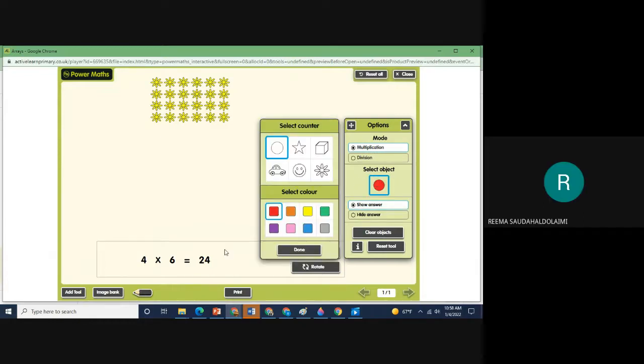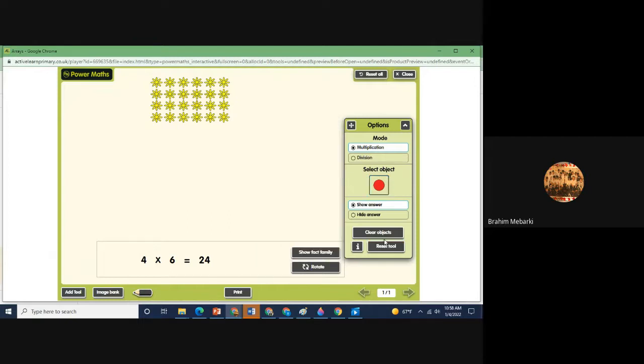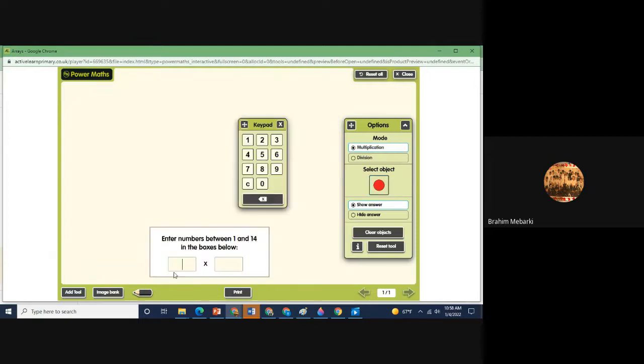So always, when I give you any multiplication number sentence and I ask you to solve it, always use arrays. So can you do this, please? 7 times 5. Can you solve it, please?